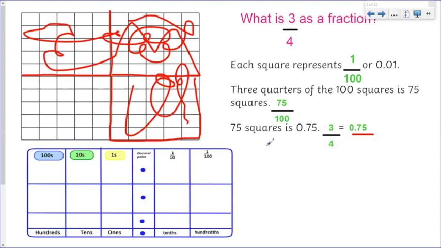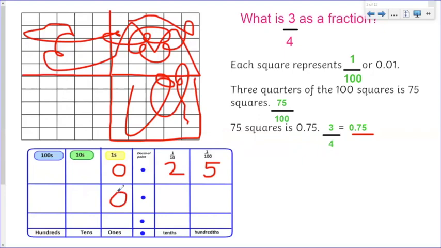Okay, so let's just plot those here. So 1/4 in our place value grid is going to be 0.25. All right. We know this, we've done it before.